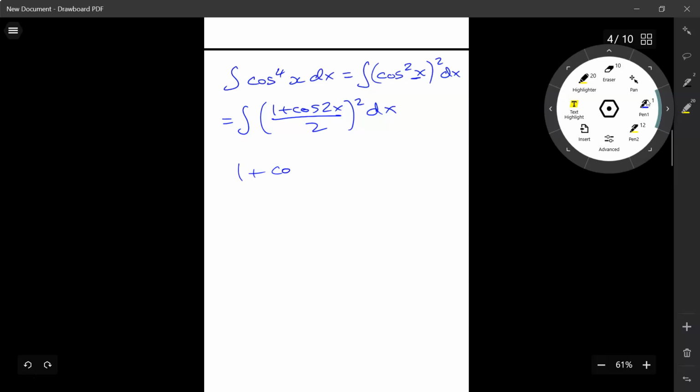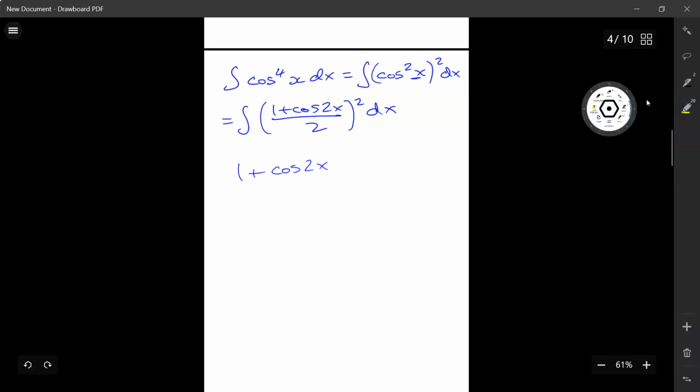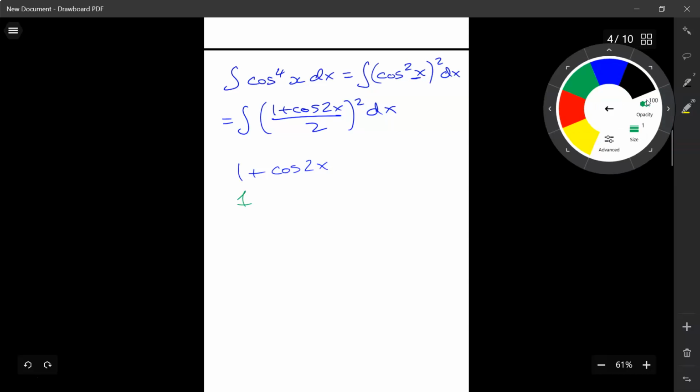So if I do that, 1 plus cosine 2x, and I'll do what I did before with the colour code, and that's the 1, which I had in red. Plus cosine 2x, and I'm multiplying this out. The first row is 1 times 1 plus cosine 2x, so I multiply the top row by the 1.